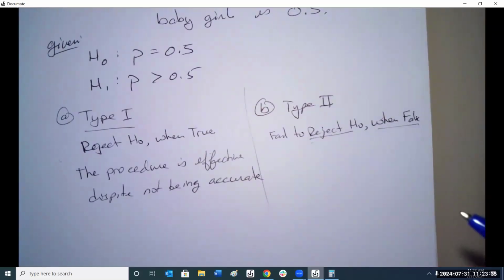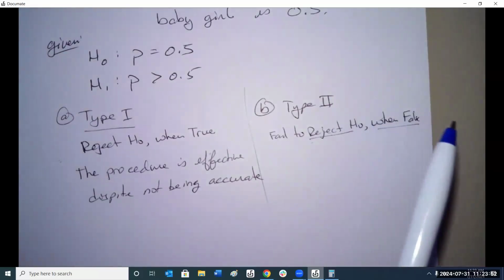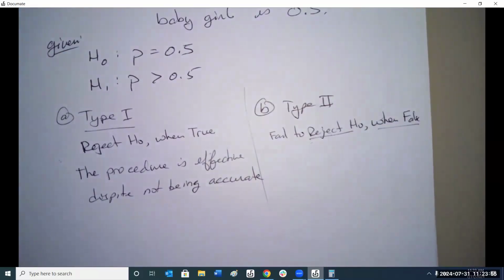So we're saying here that P equals 0.5, and it really doesn't mean anything to us yet, because we're saying the likelihood of a baby girl is 50%, no matter how we look at it, even though the medical procedure is saying that we can increase it.